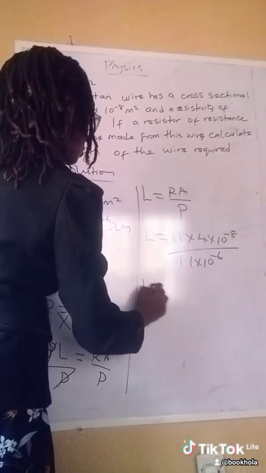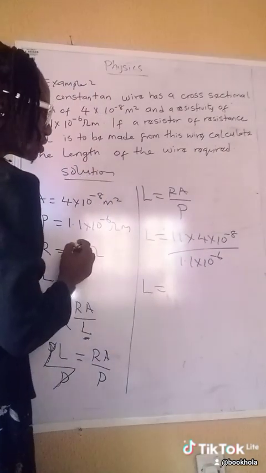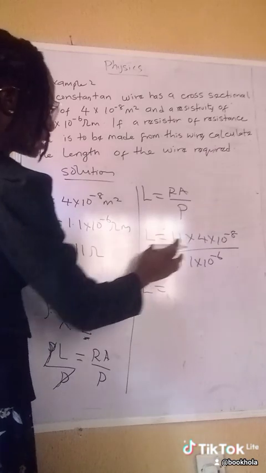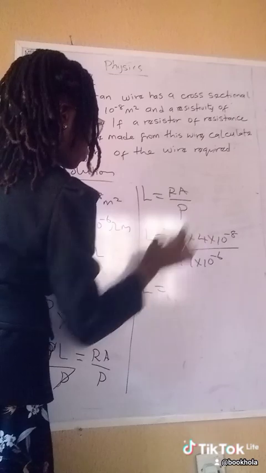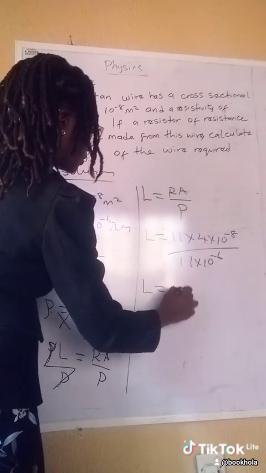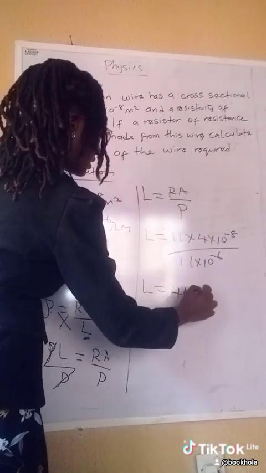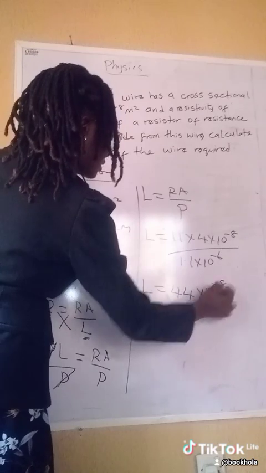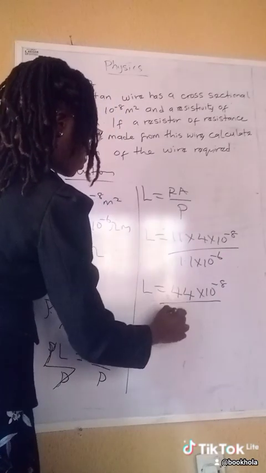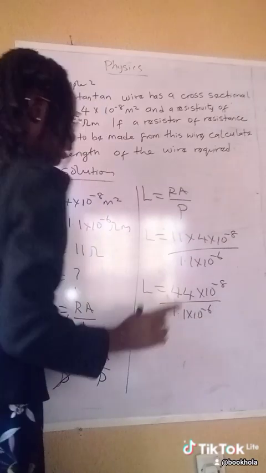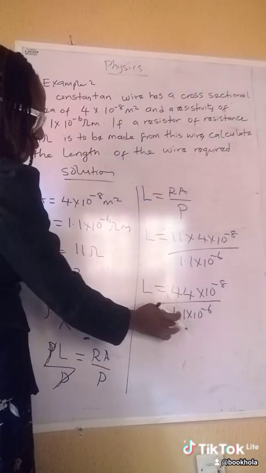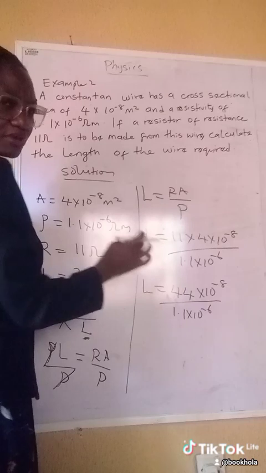So I want to change everything to, okay, let's do this first. 11 times 4 will give us 44, right? Times 10 raised to the power minus 8 all over 1.1 times 10 raised to the power minus 6. I want this to be 11 because 11 into this will give me 4.